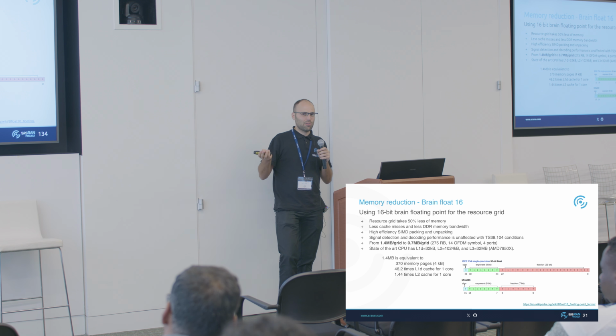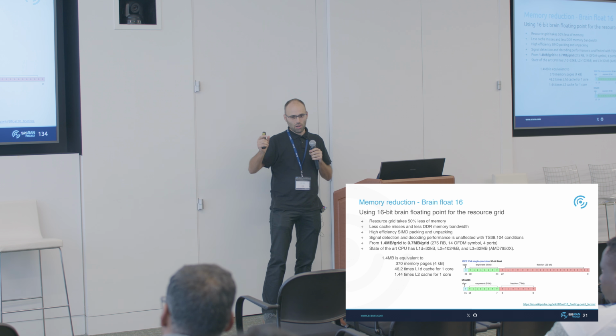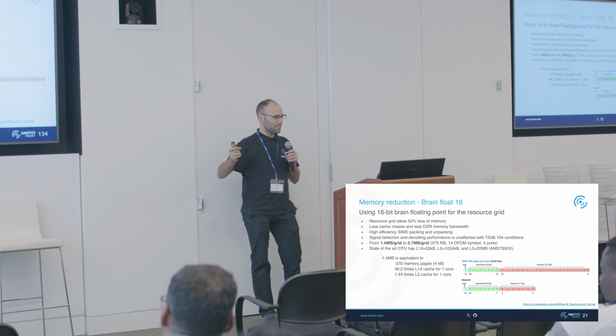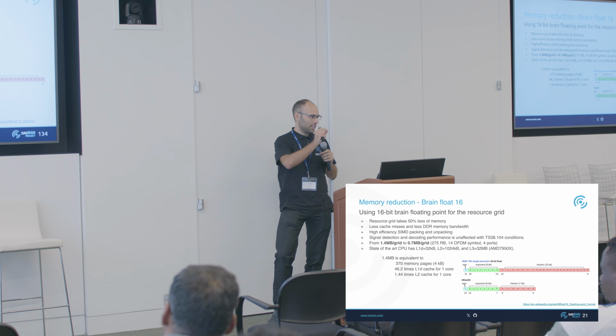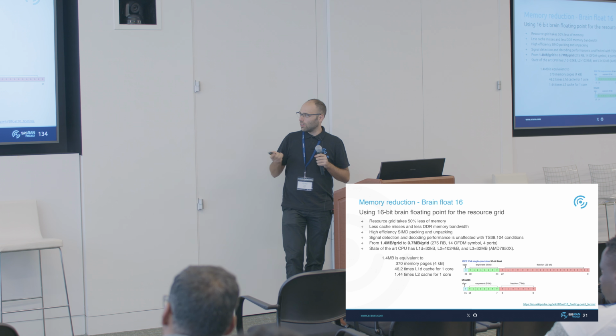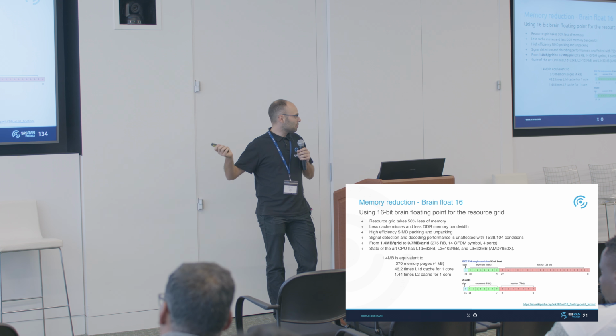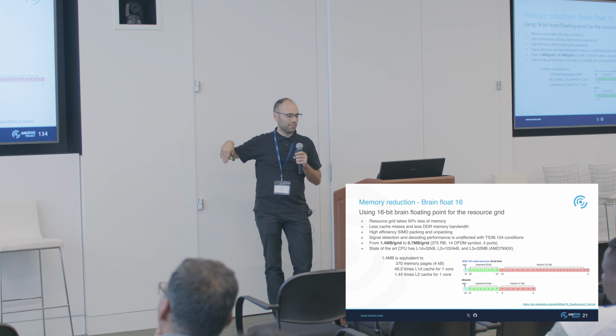We say, oh, 1.4 megabytes, that's nothing. Well, it's not nothing. If we compare this amount of data with the size of a CPU cache level, setting a resource grid to 0 would take 46.2 times flushing the level 1 cache. So that's a complete overkill for the memory. So what we did is use the brain float, which is basically taking single precision floating point and removing the 16 LSB bits.